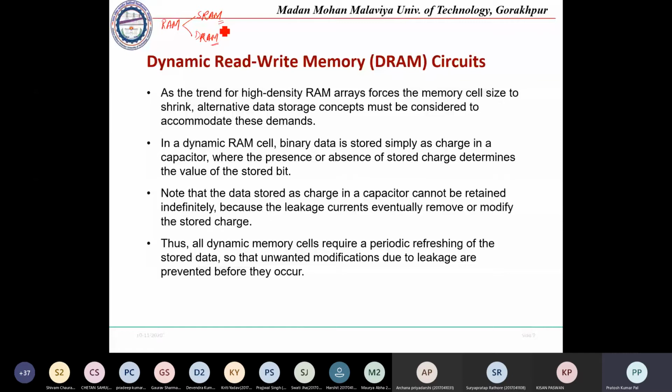In static RAM, the data that is stored is always in the form of static values, or you can say the steady state values of the inverter states, where two inverters are connected in a cross coupled structure. So there will be two stable states, one is 0, another is 1.